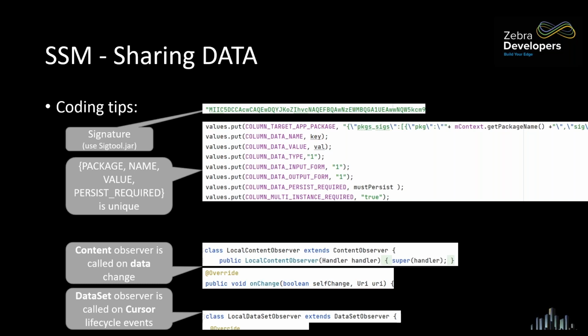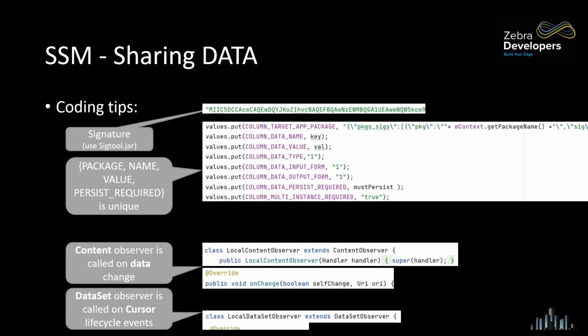You populate the key, which is called data name, and the value, which is called data value. You specify if the value is encrypted or not, and if you want it persisted or not, and if the sharing is meant to be consumed by other applications or just for your own consumption.